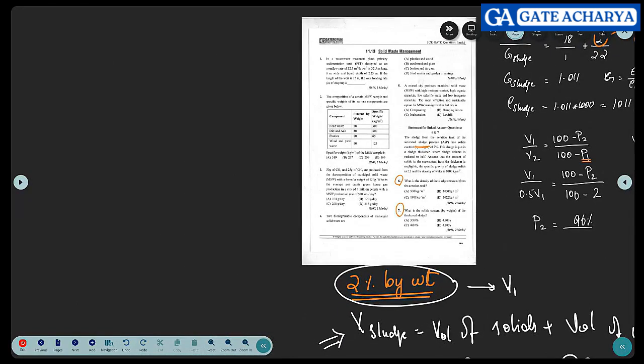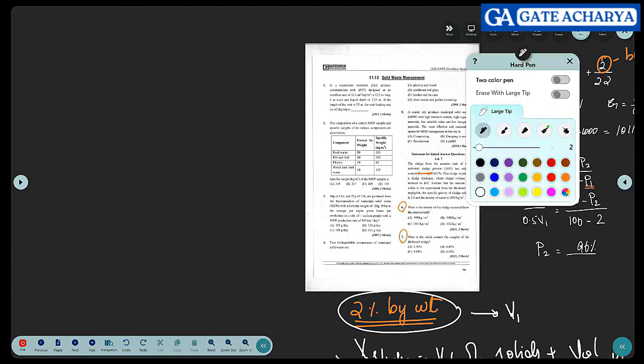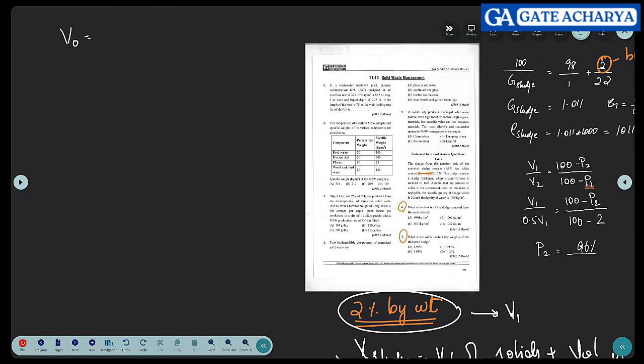What's the value? 112.67. In a wastewater treatment plant, the primary sedimentation tank is designed with an overflow rate V0 of 32.5 meter cube per day per meter square.